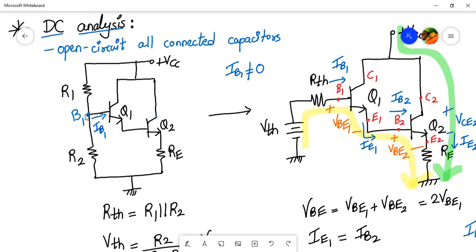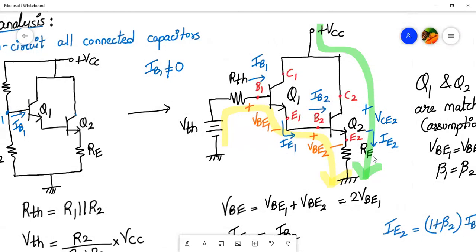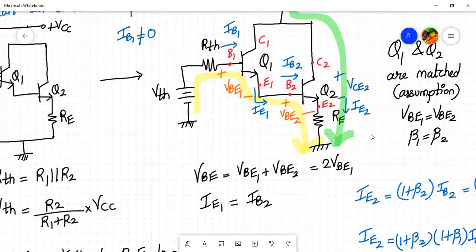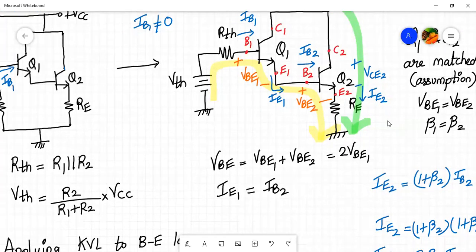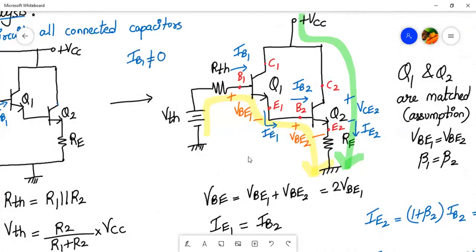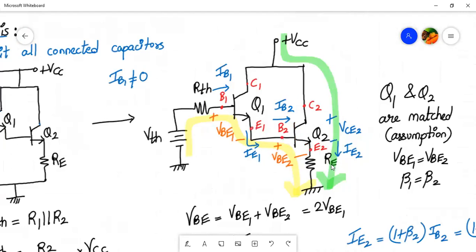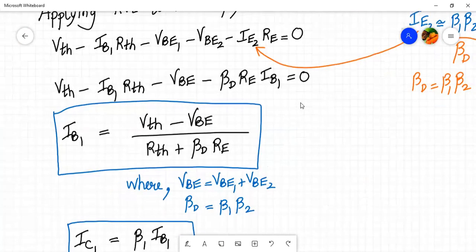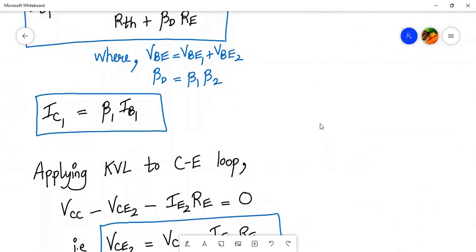Over here, we applied the Thevenin's equivalent at the base 1 terminal, and this is the circuit we got. We assumed that Q1 and Q2 are matched transistors, so their parameters are similar. By applying KVL at the input loop, base emitter loop, and KVL at the output loop, we calculated the Q point, which is as follows. Right, so this will be helpful in solving numericals.